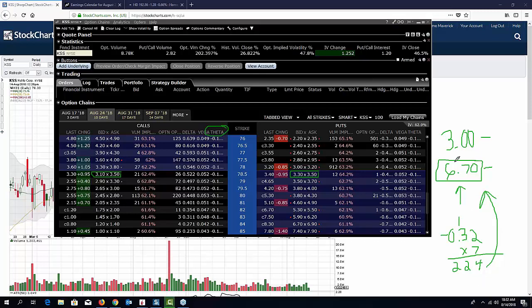The 670 straddle would be trading for about 446, 450. We'll round it up. It's 670 minus the 224 of decay over the next 7 days would put us at 446, but I'm going to call it 450.